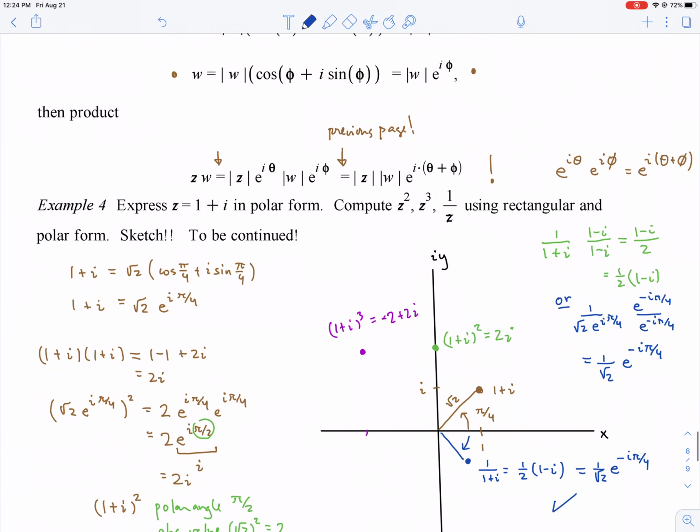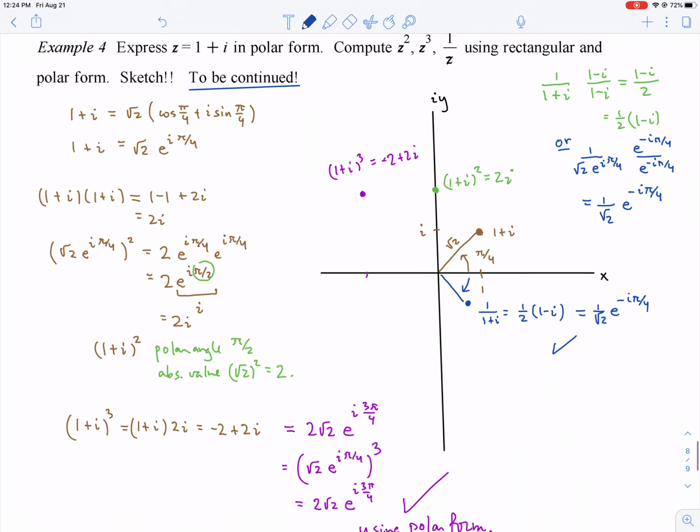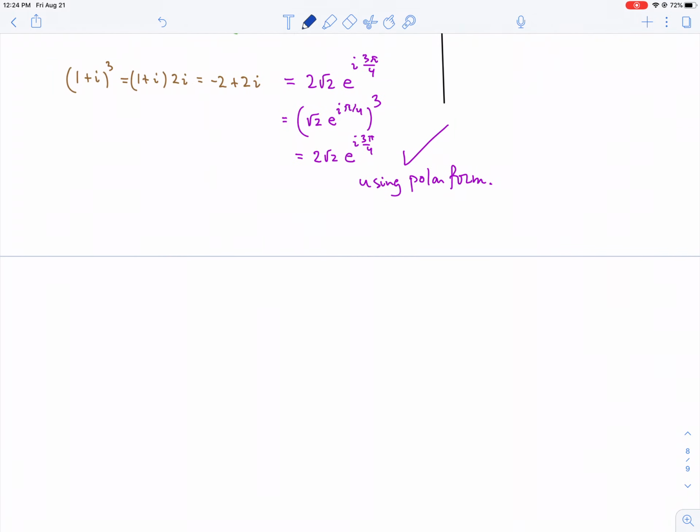Okay, so we shall continue this discussion, but what we've done today is talk about the complex plane, addition, multiplication, reciprocal, and to get reciprocals we used conjugation. To understand multiplication, we use polar form.